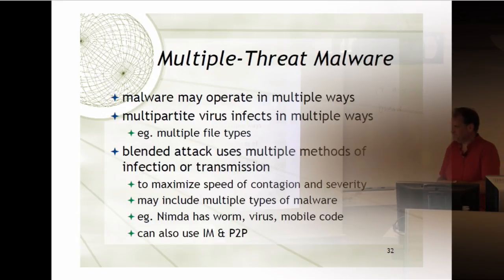So that makes it more potent, of course, but not necessarily better from a malware point of view, because you show more. You have more things going on in the system, so you will be more easily detected typically.